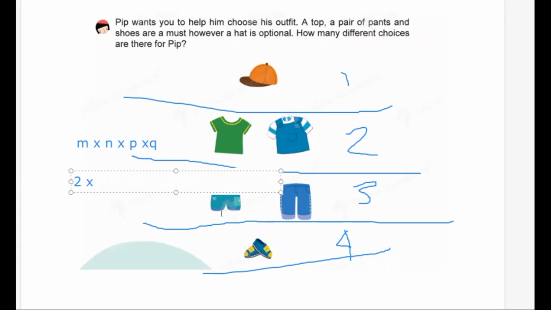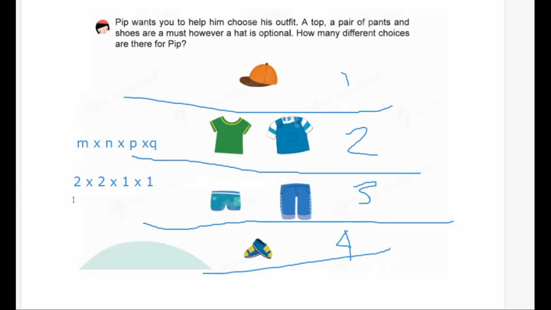How many pairs of pants do we have here? We have 2. And then we also have the shoes, and in our example we have just 1 pair of shoes. And then we also have a hat, which is optional, so there is 1 hat here.